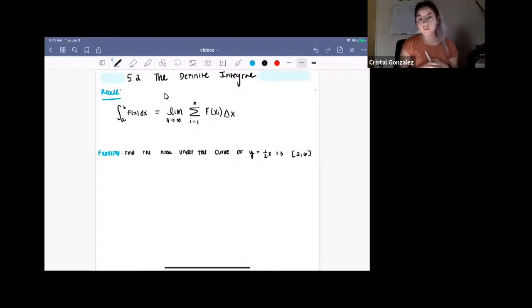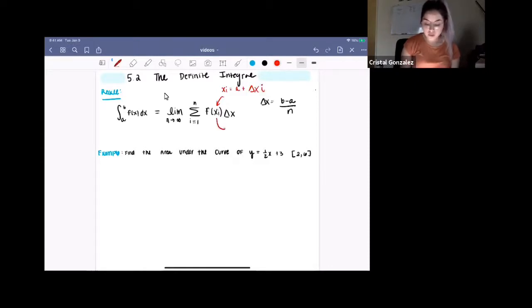So this is how we defined the integral, or the area under the curve, where our delta x was equal to b minus a all over n. And the goal was to find xi, which is a plus delta x times i.